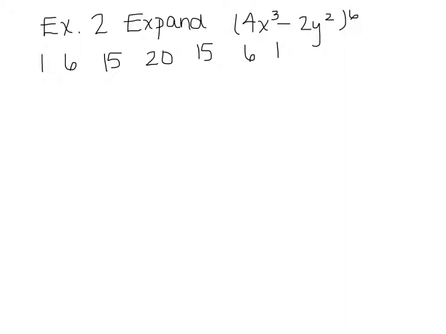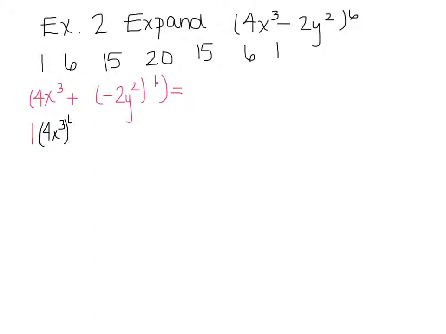Okay, so those are my coefficients. I'm going to start with 1. Well, first, let me rewrite this. Plus negative 2y squared to the 6. Alright, so my first coefficient is 1, and my first term is 4x cubed.